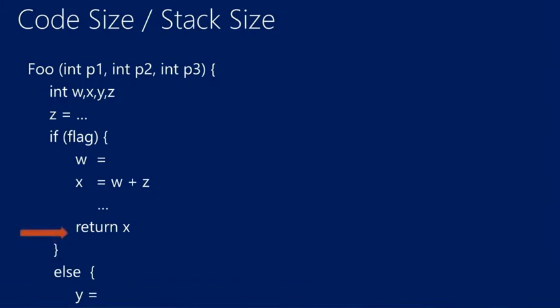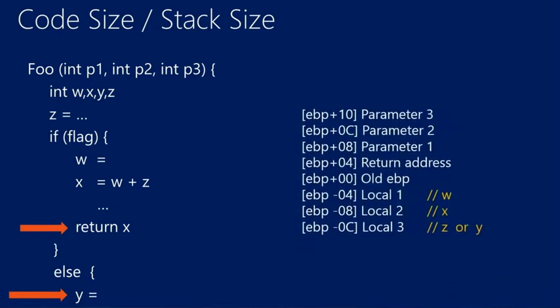But if you look, that's going to shorten the lifetimes for a couple of things. And if you see, Y's lifetime only begins well after we returned, if we took that control flow path. So in this particular example, what you can see is that we could save 1 stack slot and pack Z or Y into that 1 local frame.